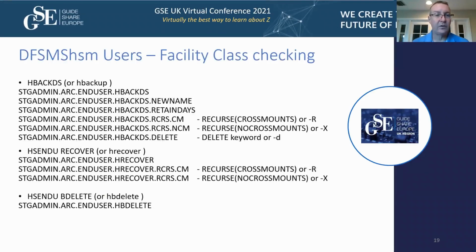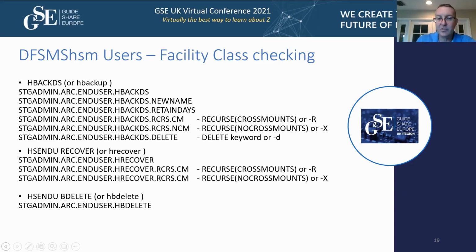Okay, for facility class checking, I'll go pretty quickly. Whatever facility classes you have set up in your existing environments, this applies to all the Unix file processing. For the Unix programs, we also tied those into the existing user levels. So if you want to keep your users out of doing Unix file backups, you can just use the existing setup.